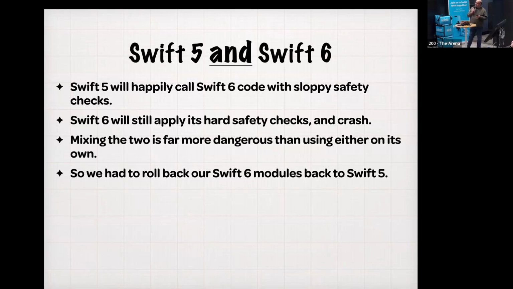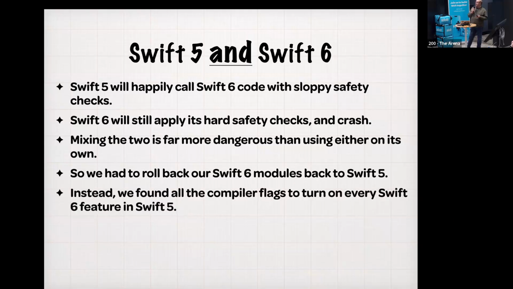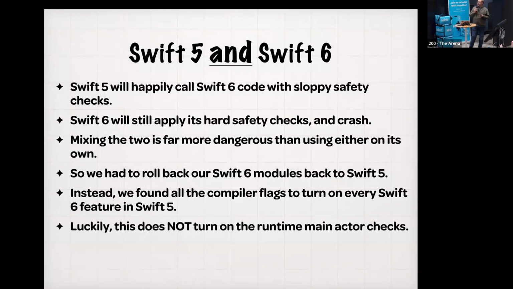But basically, we did have a plan then for what to do. So what we did was we found all the compiler flags you can give to the Swift compiler to turn on Swift 6 features in Swift 5, because most of them have a flag you can turn on in Swift 5 mode. And interestingly, even if you turn all of them on, it doesn't turn on the hard checking for main actor functions.